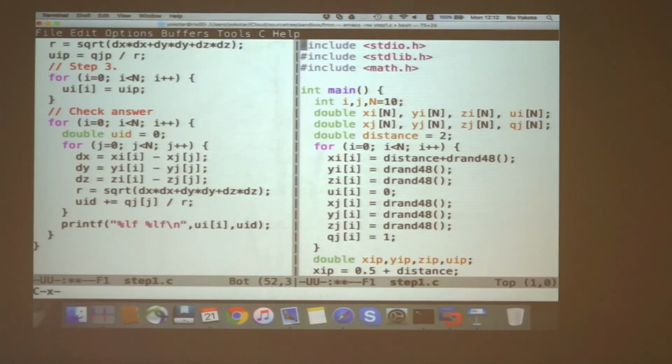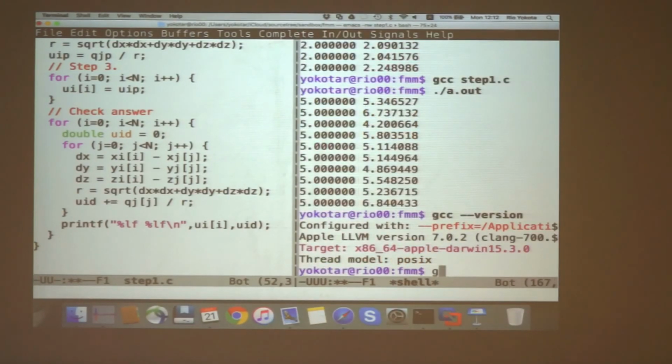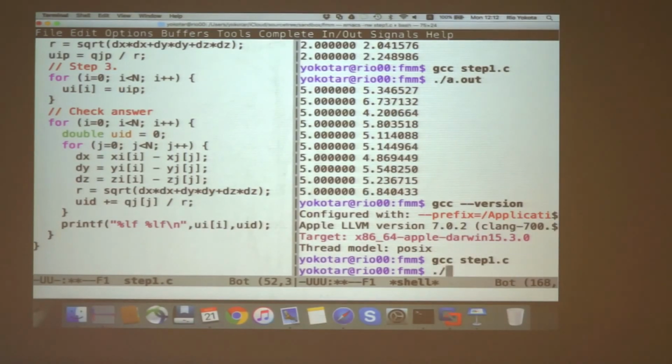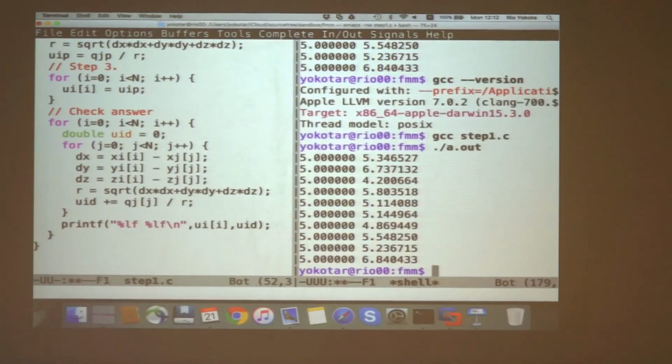So next, let's see. Now we are running just like this and seeing numbers for when they are far away.